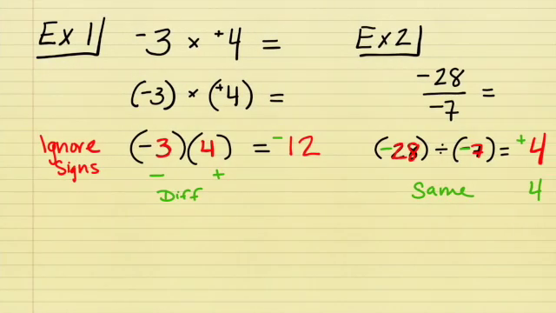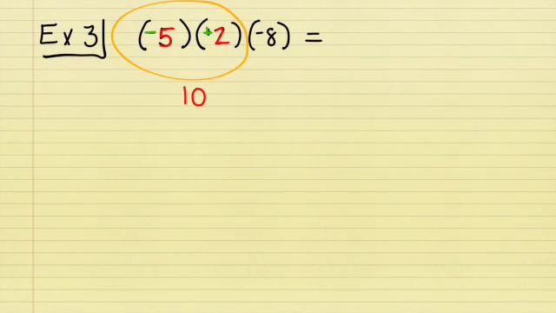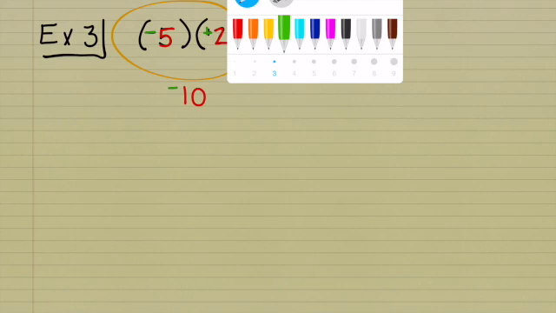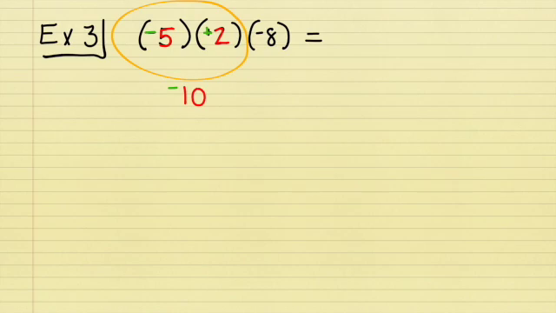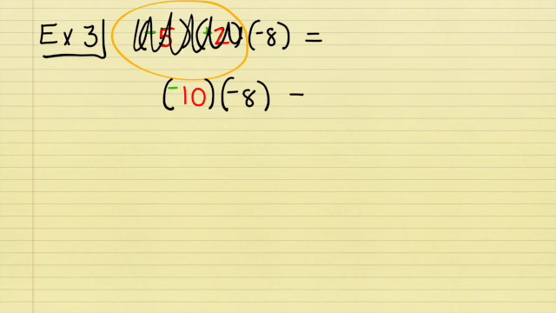So it's going to be a negative 10. Now, that only took care of 2 of the numbers. I still have to take this answer and multiply it by what's left, which is a negative 8. So ignore the signs, just do the numbers first. I have a 10 being multiplied by an 8, and I know that is 80.